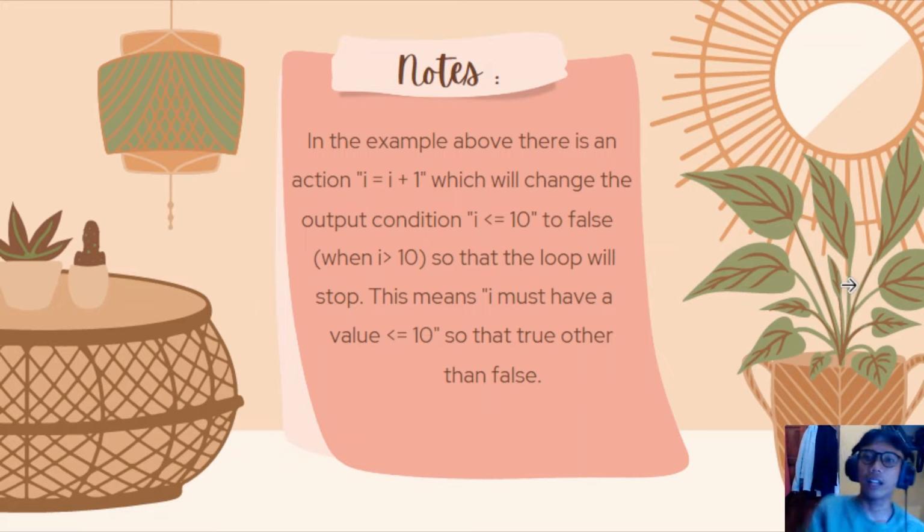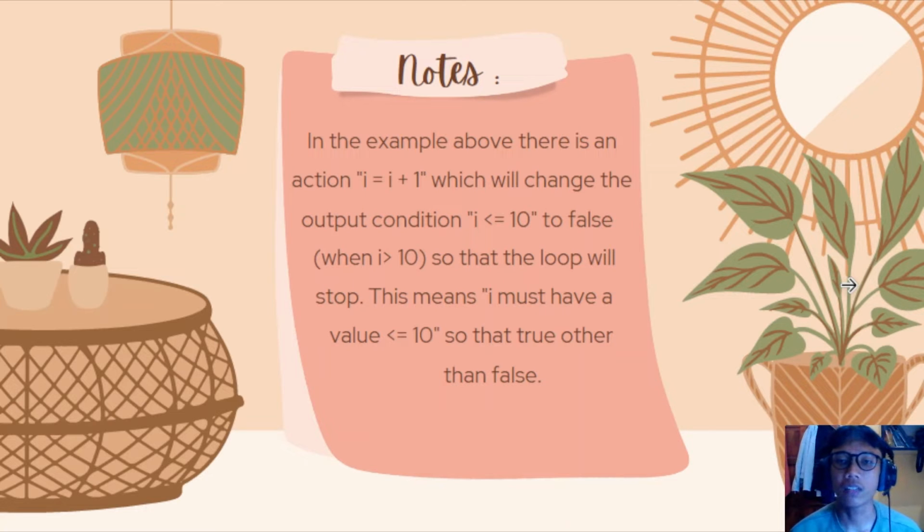Okay, additional notes. In the example above, there is an action where I equals I plus 1, which will change the condition I less or equal to 10 to false whenever I is more than 10.